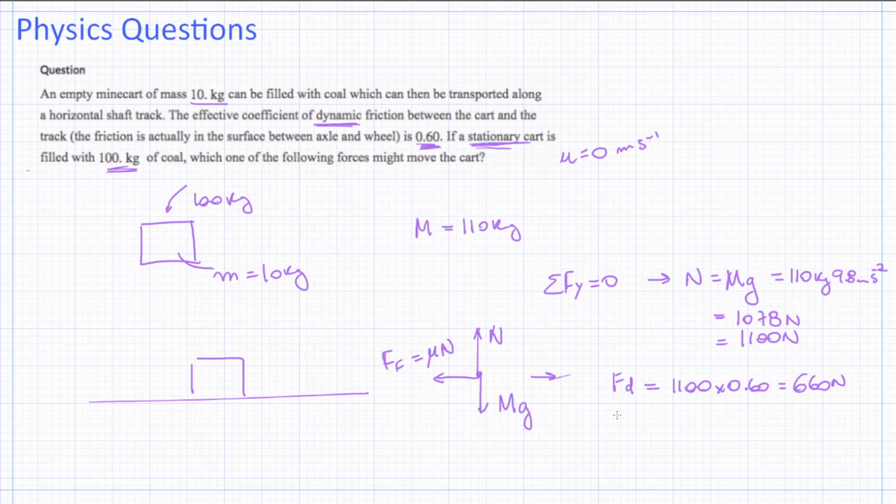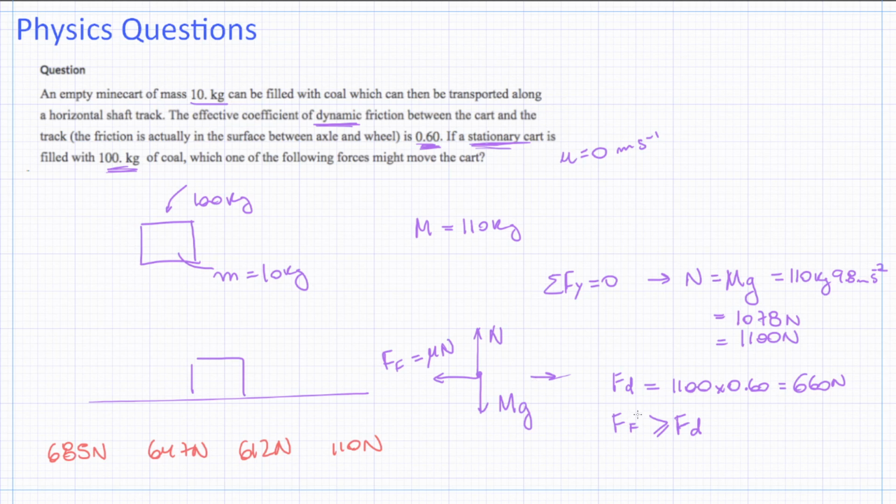Now, our static friction is always larger than or equal to our dynamic friction. So, in this problem, the possible answers were the following: 685 newtons, 647 newtons, 612 newtons, and 110 newtons.